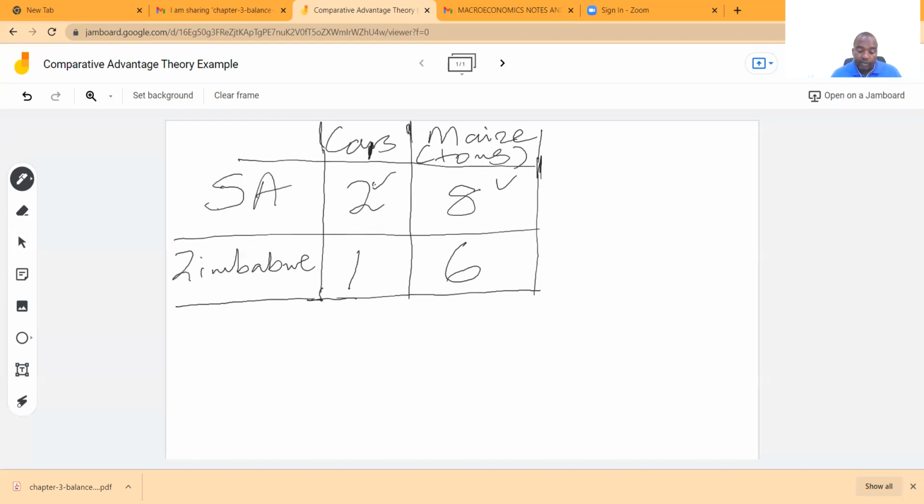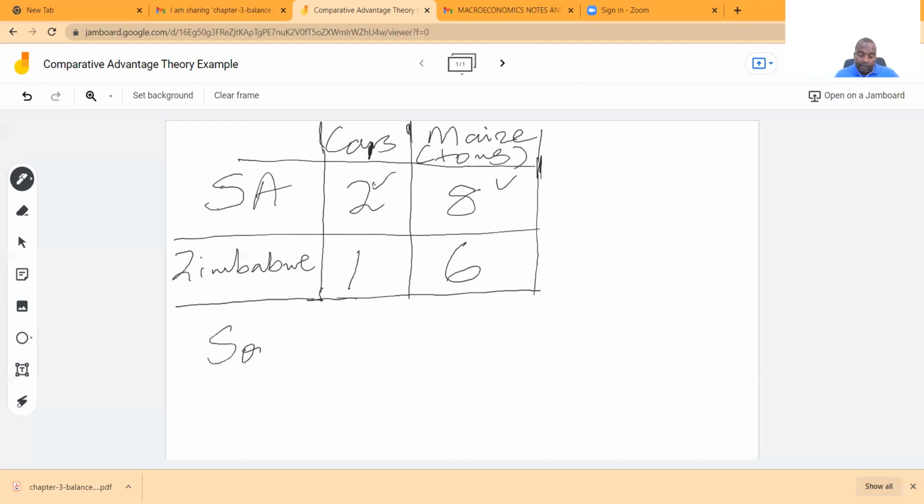Zimbabwe again. So when we look at South Africa, it has absolute advantage in the production of both cars and maize. South Africa has absolute advantage.